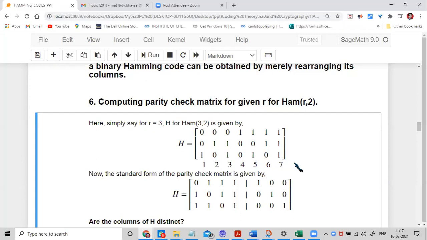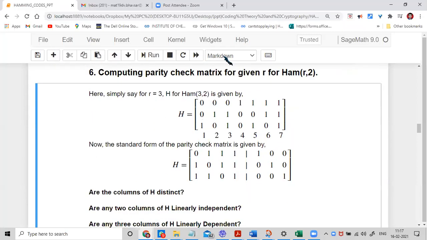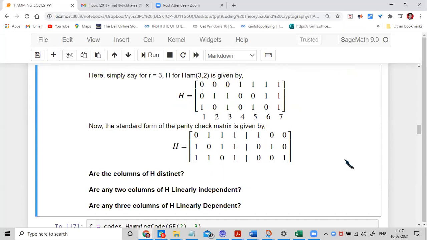He is asking whether any two columns are different or not. That is question number 1. If I take any two columns here, they are different. Okay. So are you able to construct H for any R now?